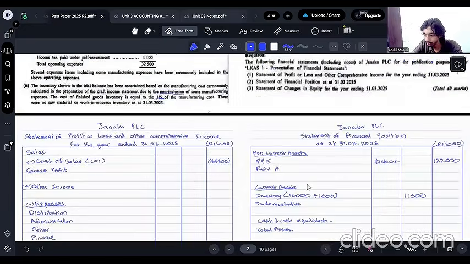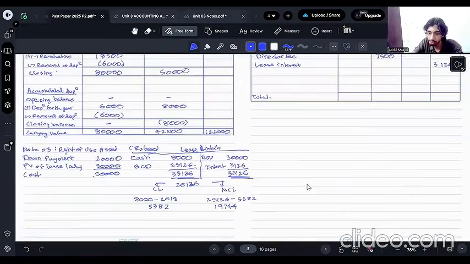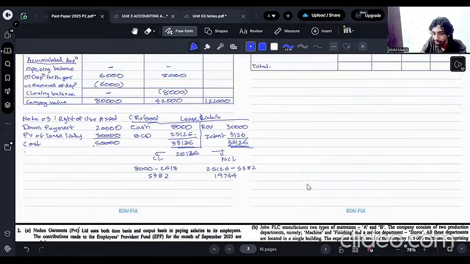Wait. We are not done yet. We have to calculate the depreciation and accumulated depreciation. There is no opening accumulated depreciation because this is newly acquired during the year. So only the depreciation for this year will be there. Since the ownership of the asset is not transferred to us, we have to depreciate based on the lower of useful life and lease period.